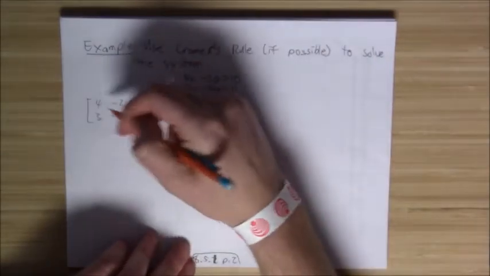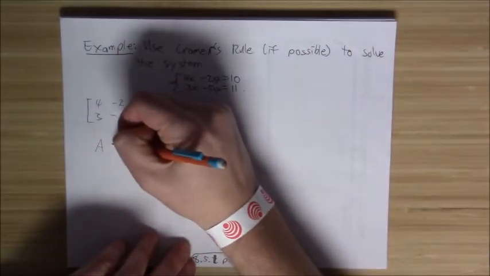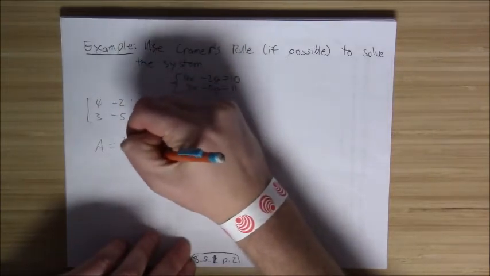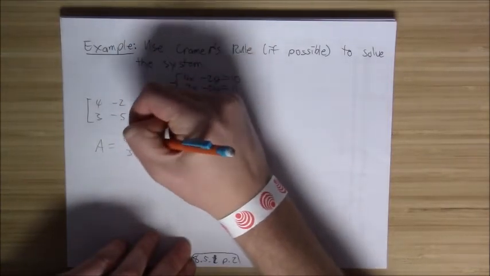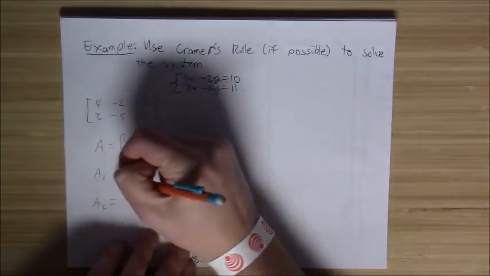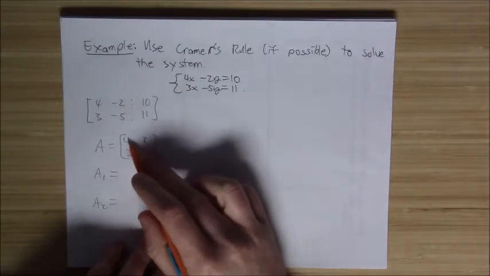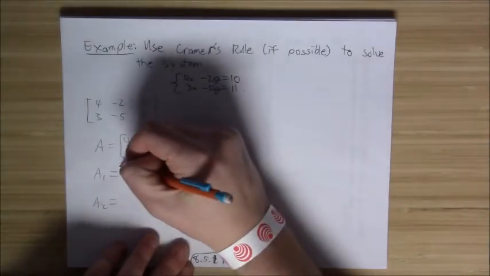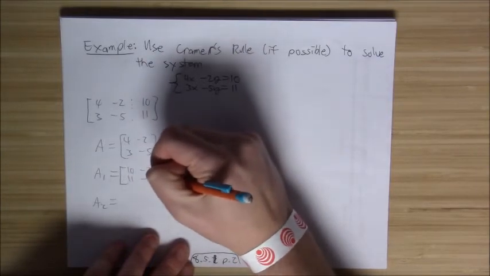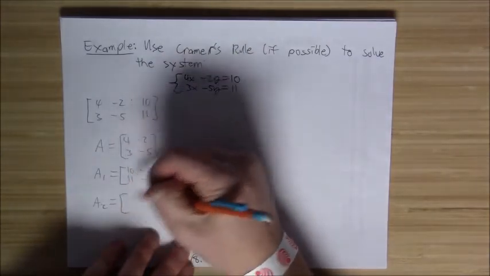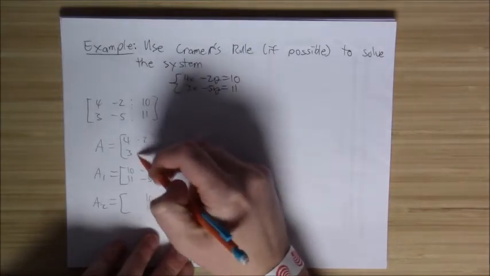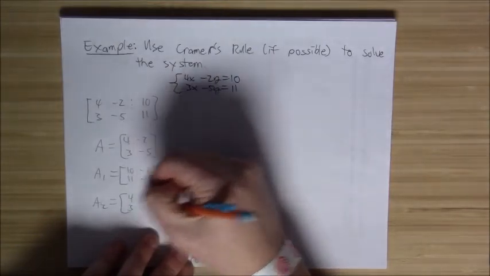And so here we have that A is going to be 4, -2, 3, -5. And then to find A1 and A2, for A1 we just substitute in the first column with the constants, 10, 11, but otherwise leave it the same. And to find A2, we do the second column, so 10, 11, and otherwise unchanged from A.